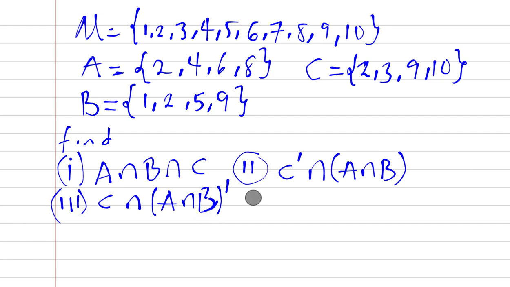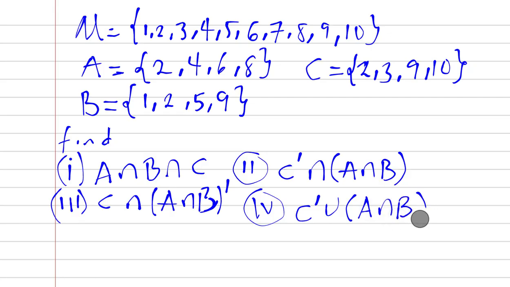Then number 4: C prime union A intersection B. So these are the few things that you want to do.